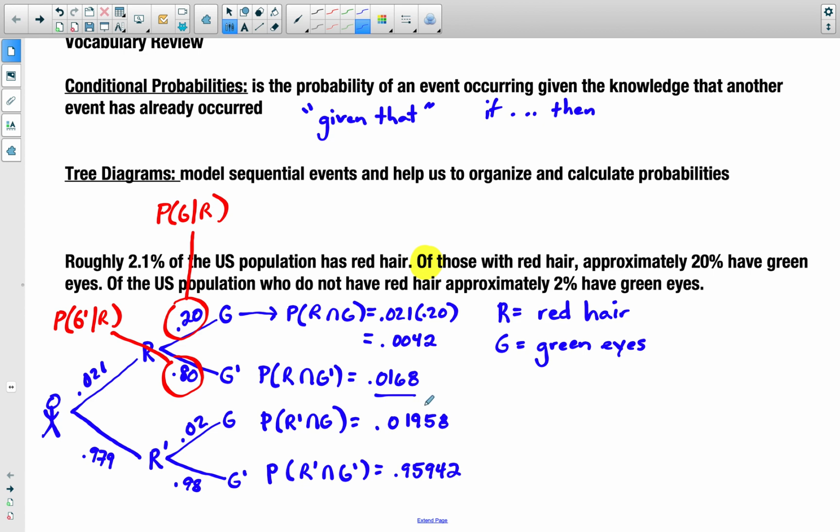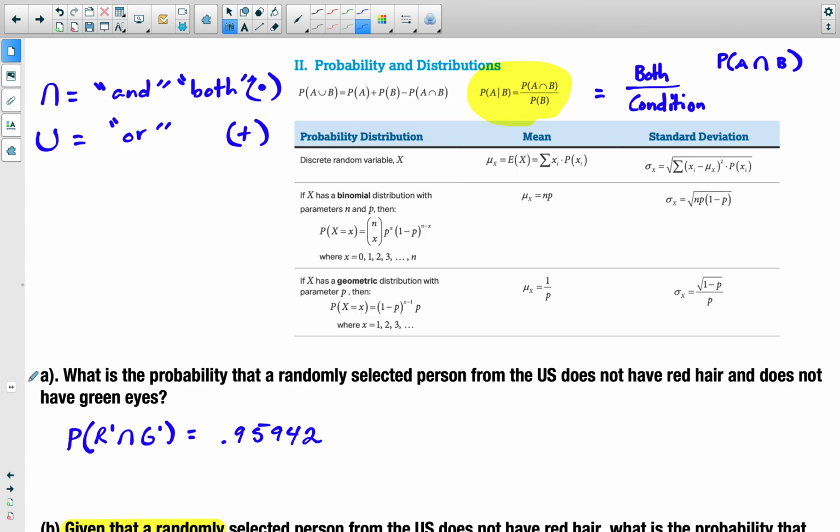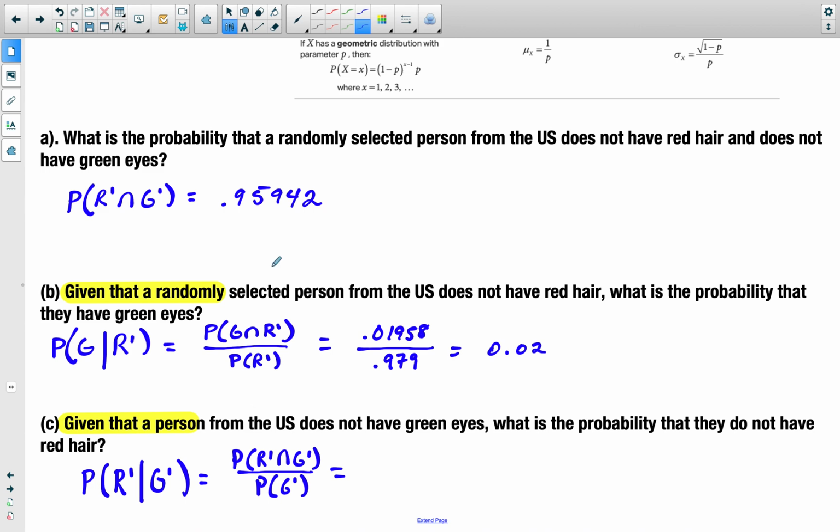So I have to add these two together to account for all of the possibilities of G prime, or not green eyes. So let's see. It's going to be 0.95942, and then two different ways to not have green eyes, with red hair and without. So I'm going to add those two together.